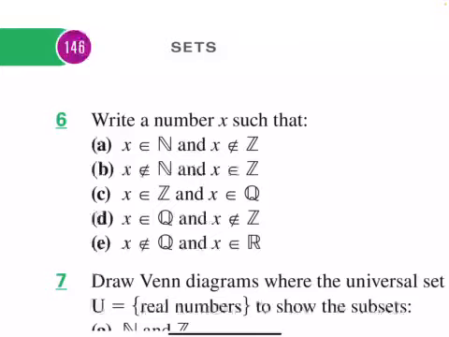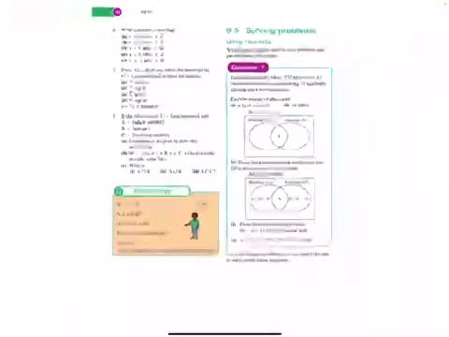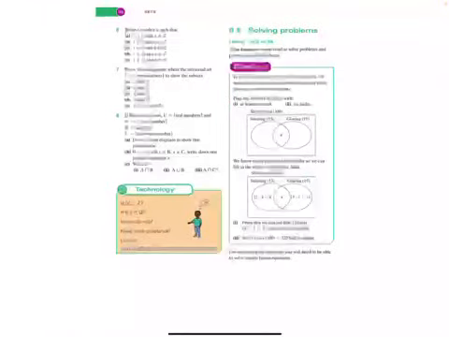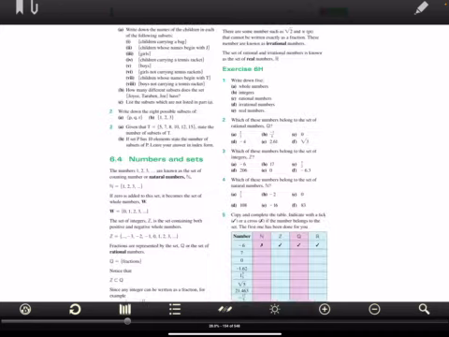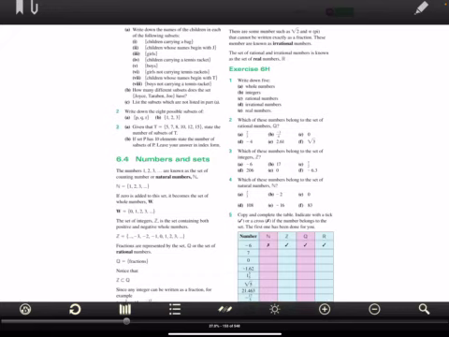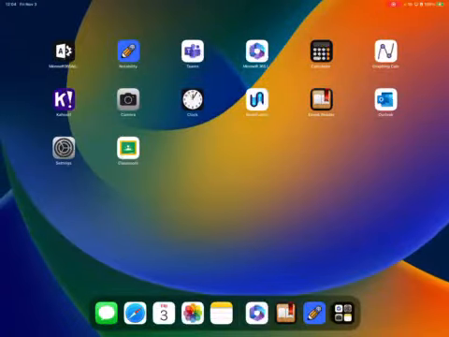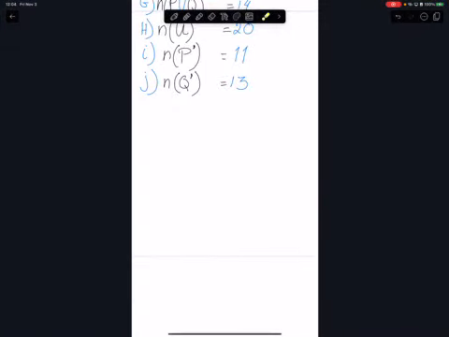You're not practicing, so I have to give you more. Then you are practicing. So numbers in sets. 6.4. Wow. Easy.